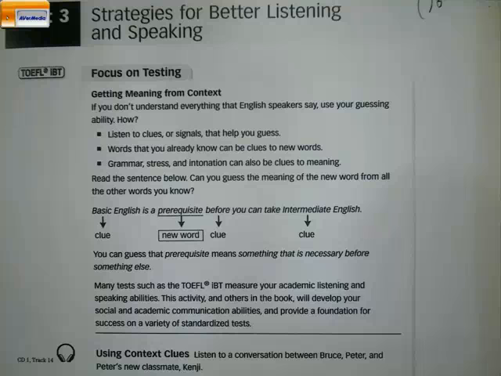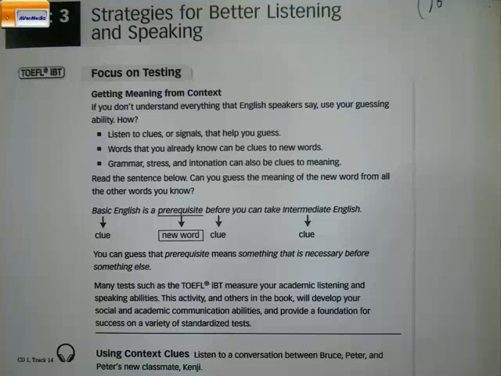Can you guess the meaning of the new word from all the other words you know? Sentence. Basic English is a prerequisite before you can take intermediate English. Many of you may not know the word prerequisite, but when you see basic English before you take intermediate, you might guess that prerequisite means something you need to take before you can take something else.